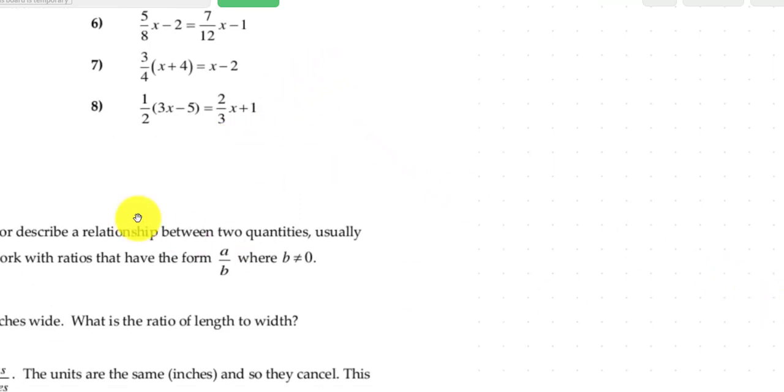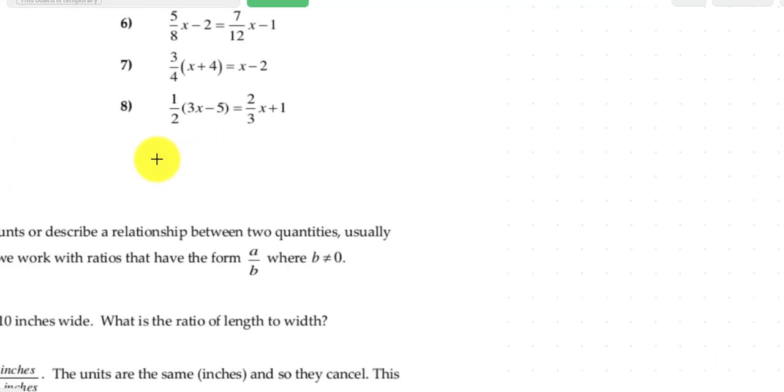Okay, so again, we have a lot of fractions in number 8, so I'd like to clear the fractions. So I'm thinking, all right, well, what is the LCD here? I have a 2 and a 3 as my denominator. So I'm thinking my LCD is going to be equal to 6. So I can multiply each part by 6 or 6 over 1.